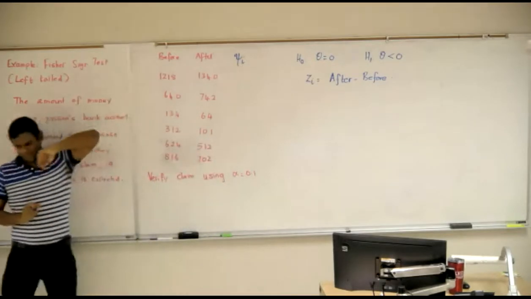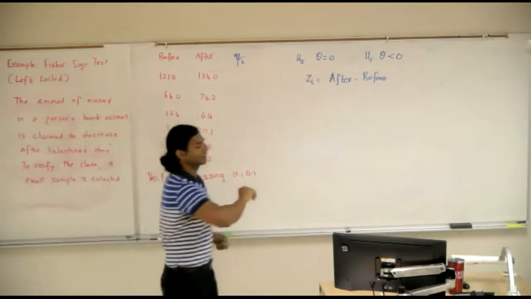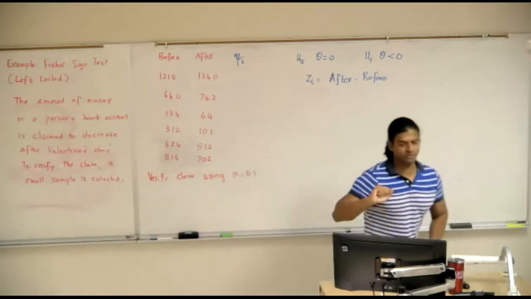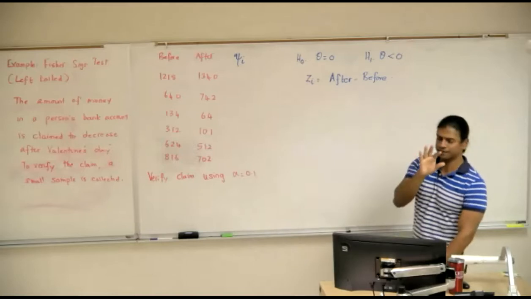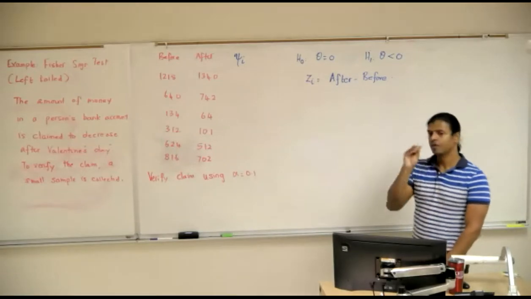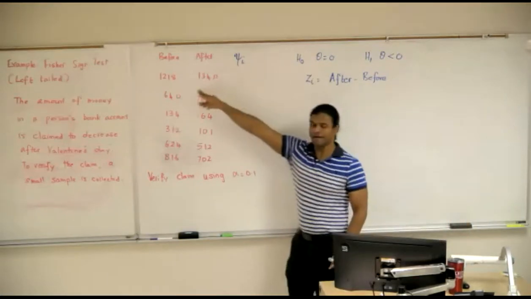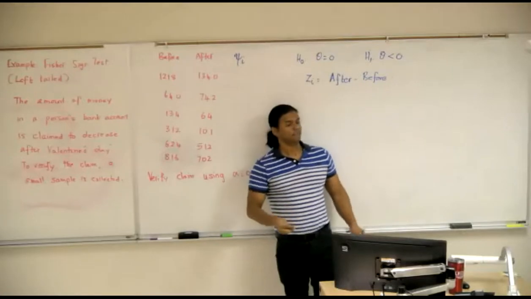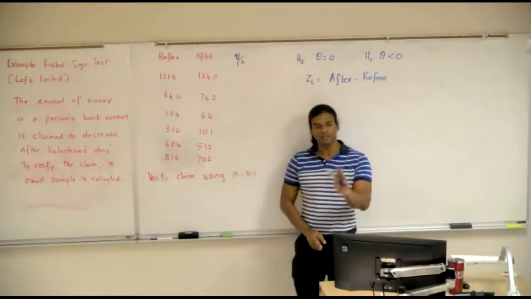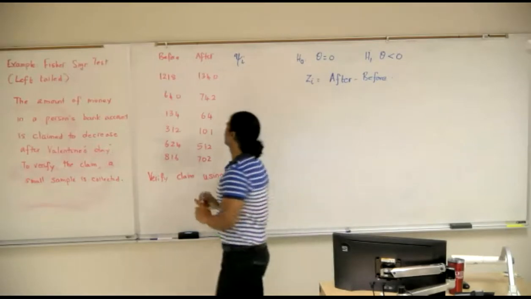Since this is a sign test, even though I did it by subtracting a null, I wanted to show the difference between a Wilcoxon signed rank test and a Fisher sign test. With Wilcoxon signed rank, I would want to know the exact magnitude, correct? With the Fisher sign test, I don't care about the magnitude. All I need to know is the sign.